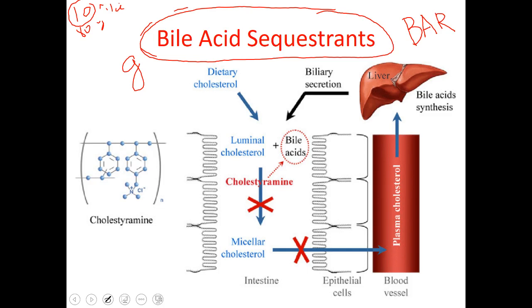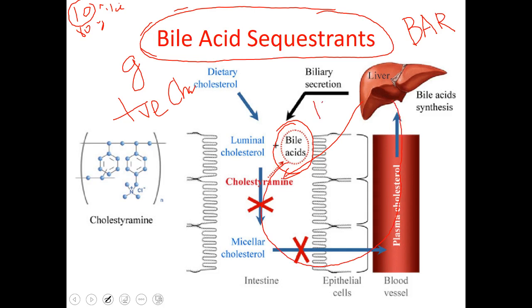On the other hand, if you see its mechanism, how it acts, the bile acid sequestrants are highly charged molecules, highly positively charged, and when a patient takes it orally, it binds to the bile acids that are released into the intestine from the liver through the bile. And bile acids, you must know from physiology, have an extensive enterohepatic circulation.